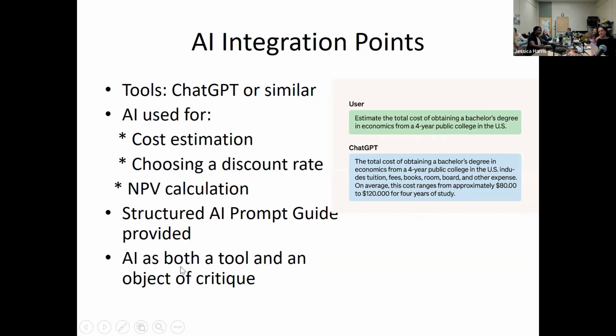So basically, you're going to use AI both as a tool for the calculation and then an object of critique. I gave an example here. So for a 4-year public college, the cost is going to be tuition fees, book, room, board, other expenses. And on average, it could be anywhere between this. So what would you go for? Depends on your kind of personal situation.